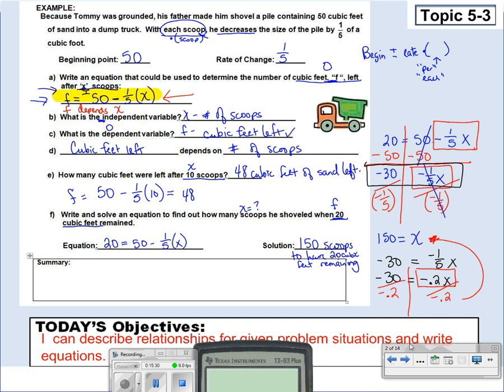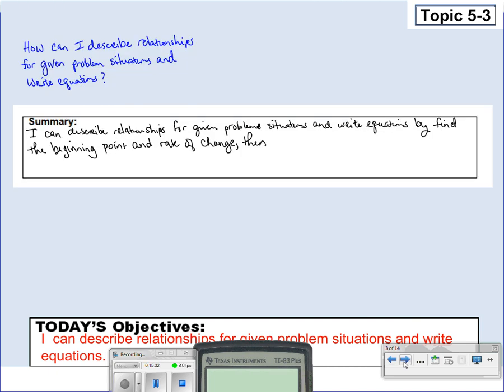But we need to know what's the output variable and what's the input variable. So we're going to put then determine the output slash input, that means both of them, variables.